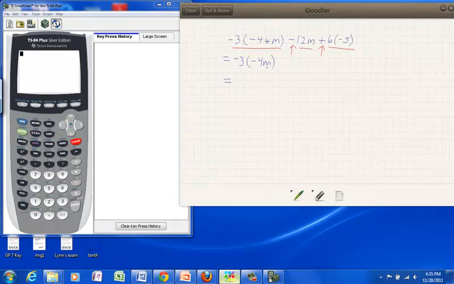Then go ahead and multiply this term out. Negative 3 times negative 4 is positive 12m. This term is already simplified. And the last term, 6 times negative 5 is negative 30.